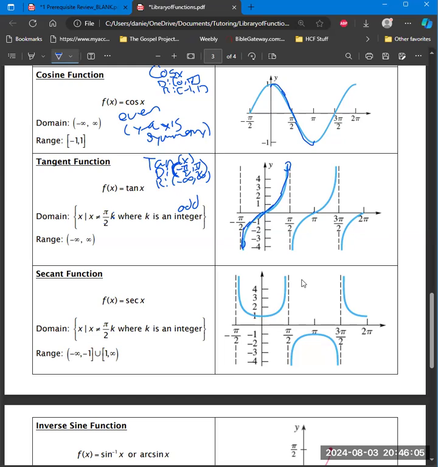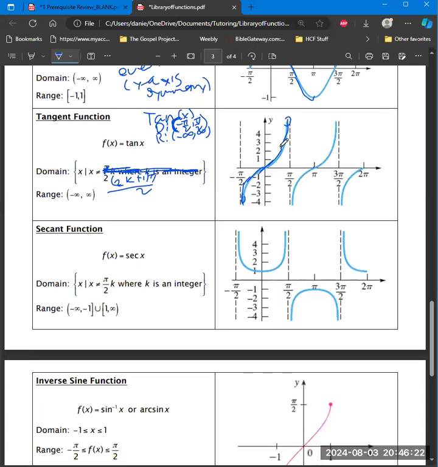So the way to actually write that is 2k plus 1 times pi over 2. That's what our actual restriction is here. Again, I got this from a free online textbook, so it needs a little correction every once in a while.